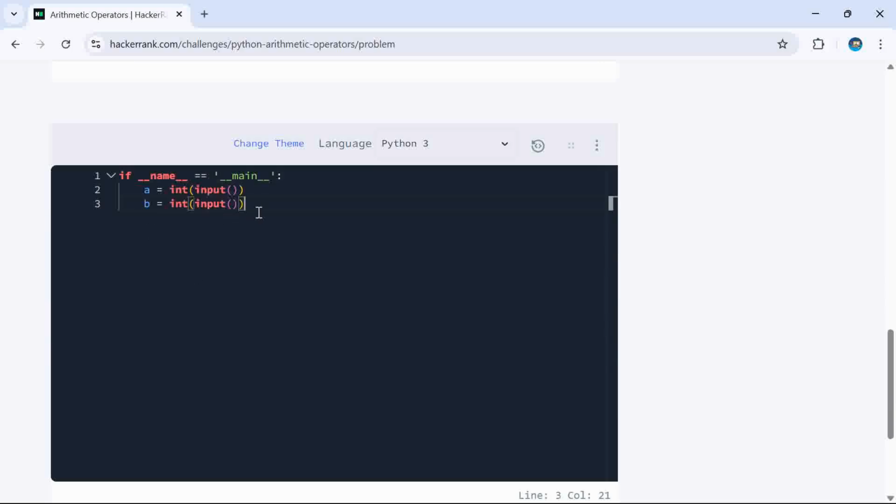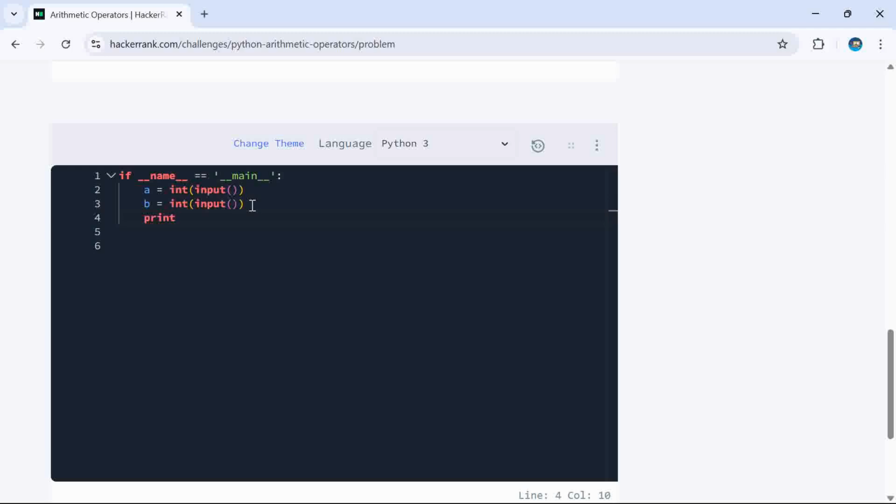So it's very easy. Let's not waste time and write the code. It is taking A and B, right? So simply I will take print.